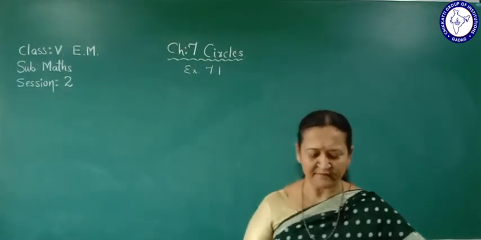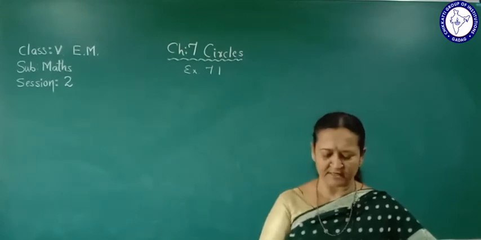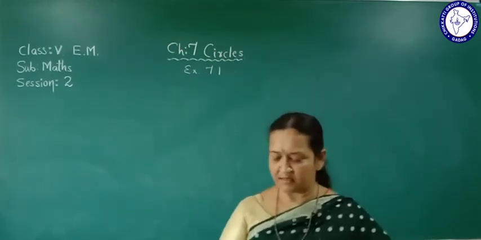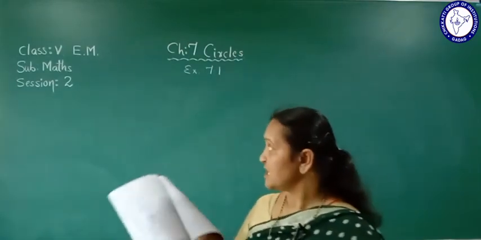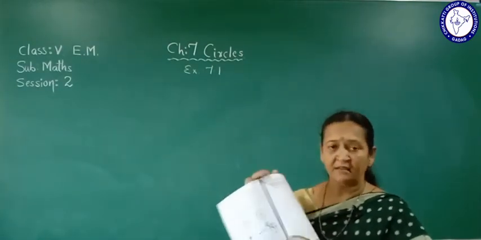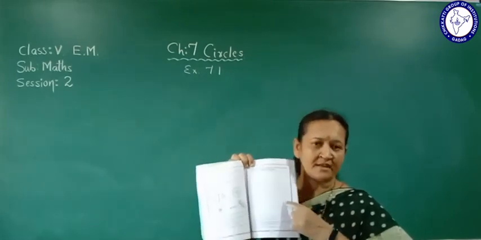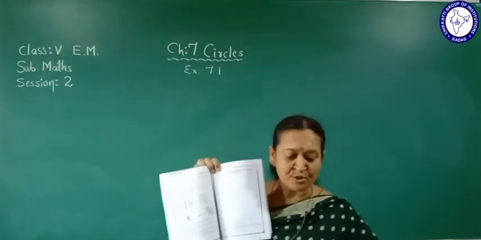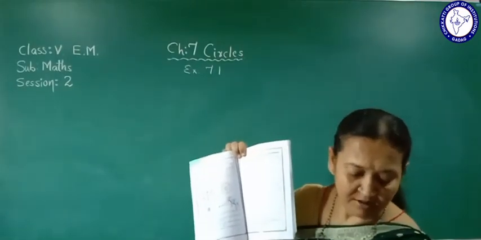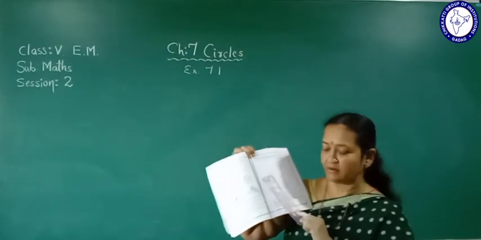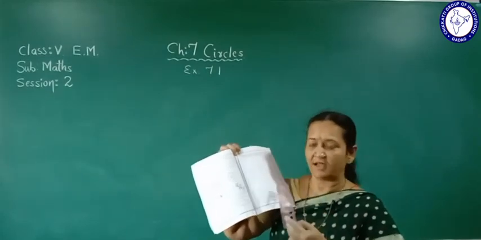Measure the length of the radius of each of the following circles, write them in the given space. So here I am not writing this question on the board, already some figures are drawn, some circles are there in your textbook. What you should do, you should keep your scale on the circle, you should find the radius, and down here you should write it in your textbook.